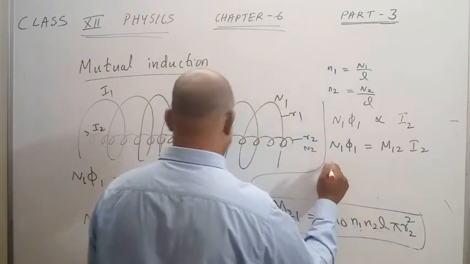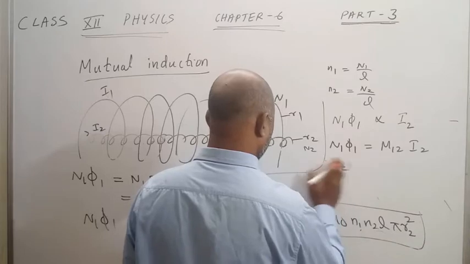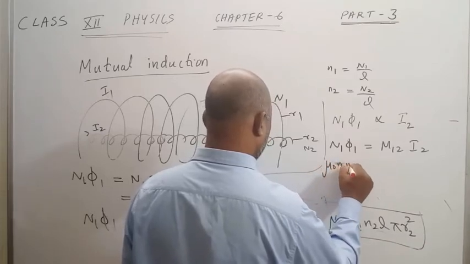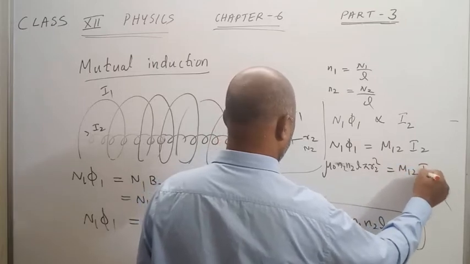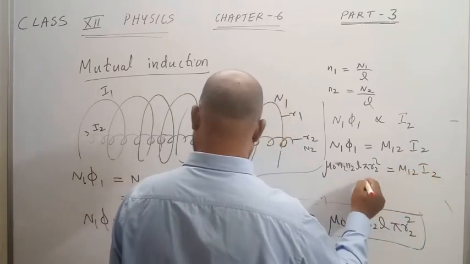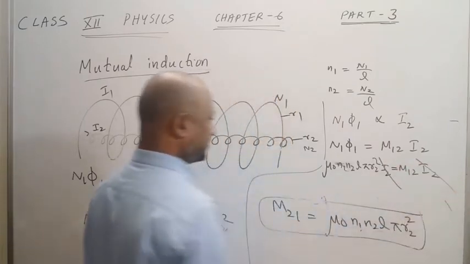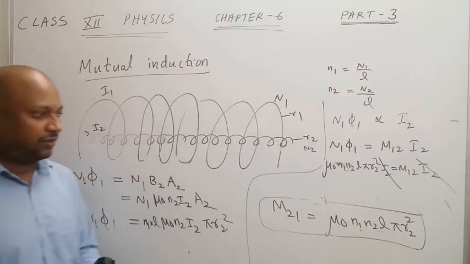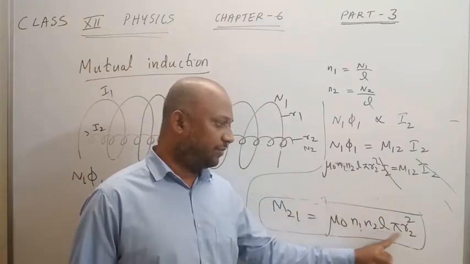So N1 phi I am going to put here: N1 into mu naught N1 into L pi R2 square is equal to M12 I2. Here I2 is also there, so I2 cancels. Again you are getting M12 is equal to mu naught N1 into L pi R2 square.